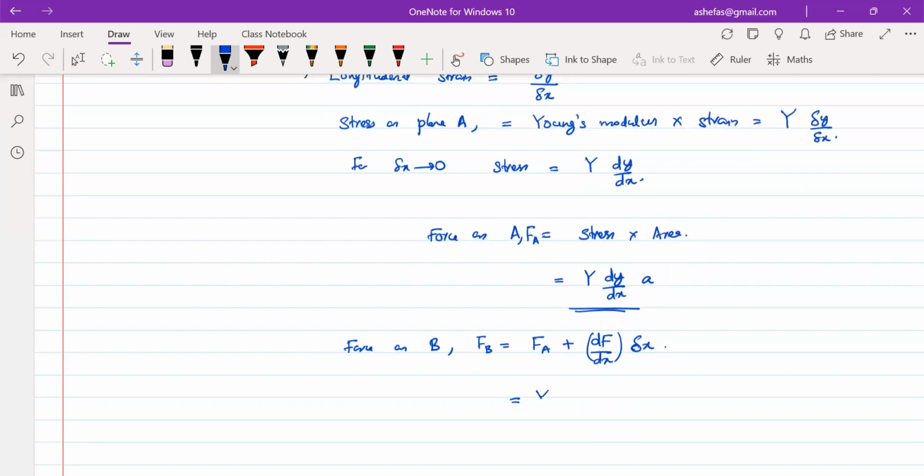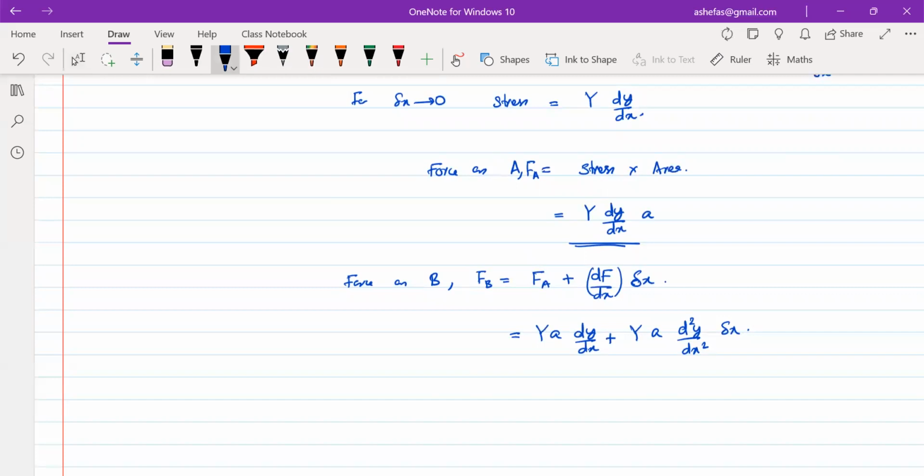So this is equal to Y a dy by dx plus Y a d square y by dx square times delta x.